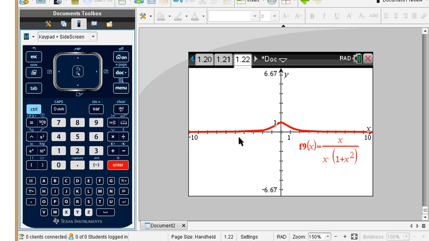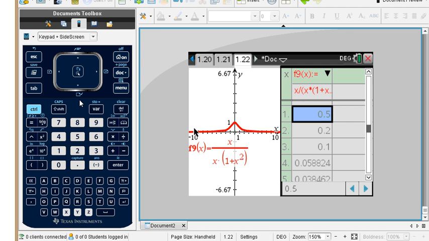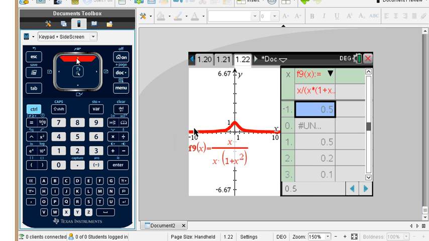We enter that, we see no discontinuities, but when we go to Control T, we see at x equals 0, undefined, and nowhere else.